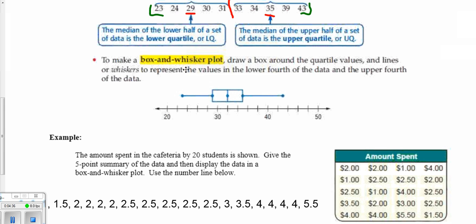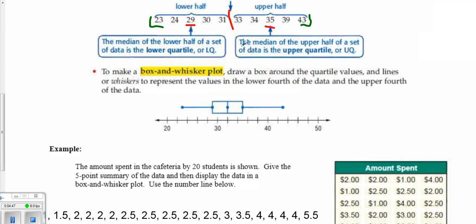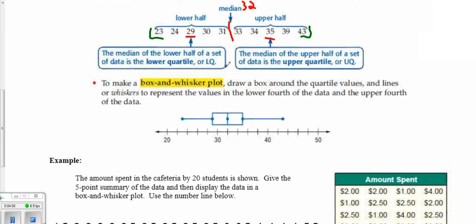Now, to make a box and whisker plot, you would draw a box around the quartile values and lines or whiskers to represent the values in the lower fourth of the data and the upper fourth of the data. So when we say our median is 32, we would find 32 and put a dot right there. Our minimum, our extreme, is 23, put a dot at 23.